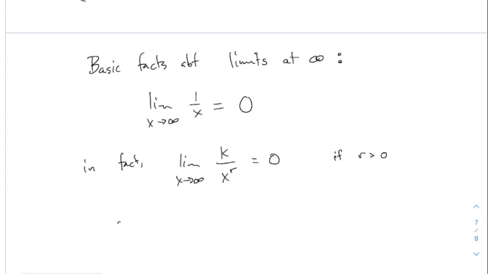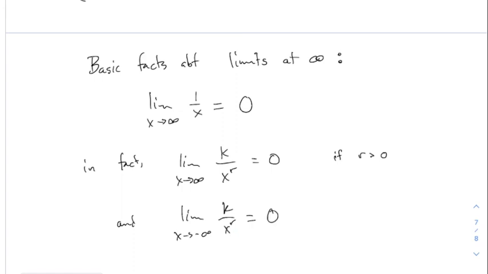And what if you let x go to negative infinity? The answer is this also is going to be 0. So this means you let the bottom, the denominator, again, become infinitely large, also equals 0.